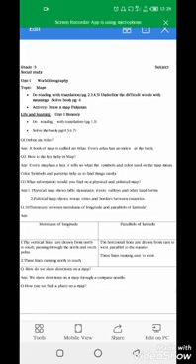Question number 4. Differentiate between meridians of longitude and parallels of latitude. As I told you about longitude and latitude lines, they are asking about the difference. The vertical lines are drawn from north to south, passing through the north and south poles. Vertical lines mean lines from up to down or down to up.